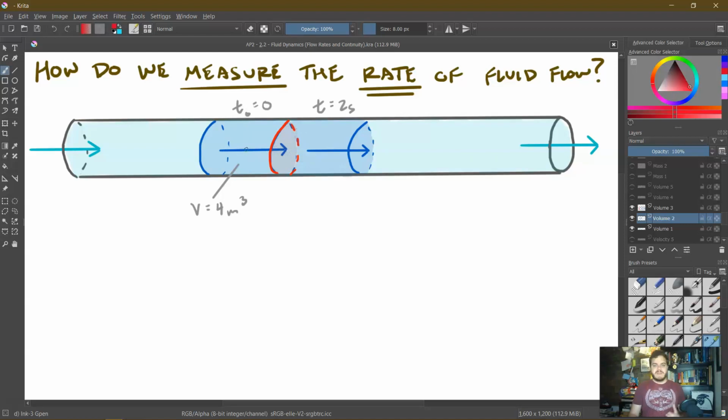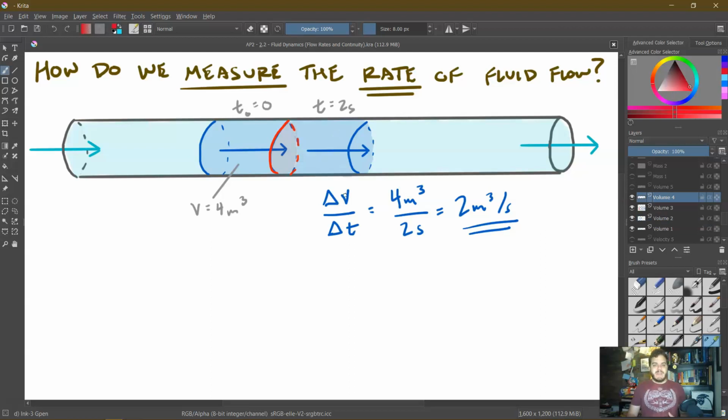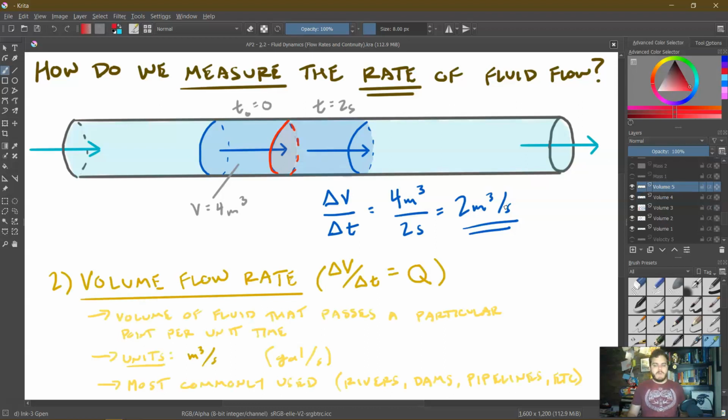Doesn't matter what point it is, so it's all past this point and moved to this new position right past it, and that took 2 seconds for that to occur. Well, we could then say that the change in volume, capital V, over the change in time would be 4 meters cubed, so this entire volume, over 2 seconds, or 2 meters cubed per second. And this is known as the volume flow rate or volumetric flow rate.